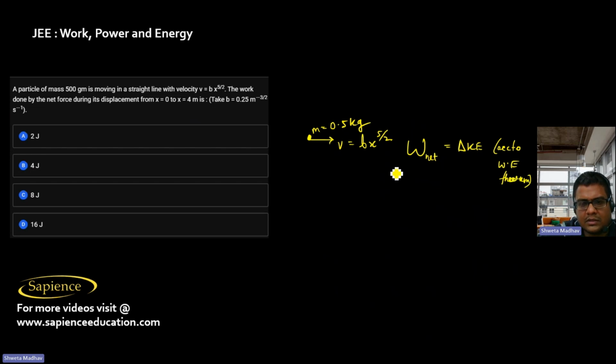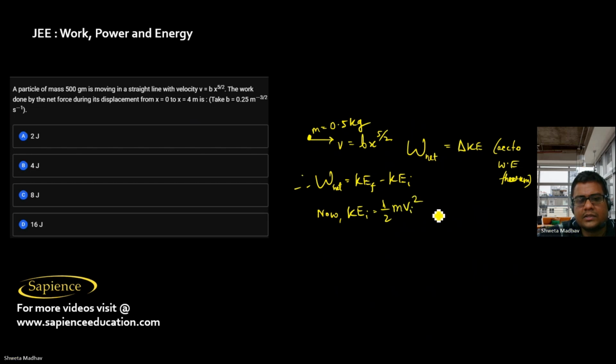Therefore work done by the net force will be equal to the final kinetic energy minus the initial kinetic energy. The initial kinetic energy is half m v initial square. So work done by net force will be equal to half m v final square minus half m v initial square.